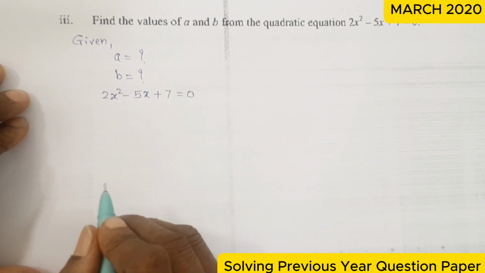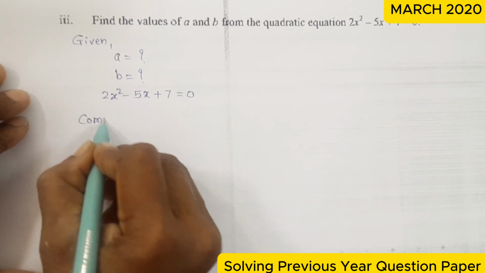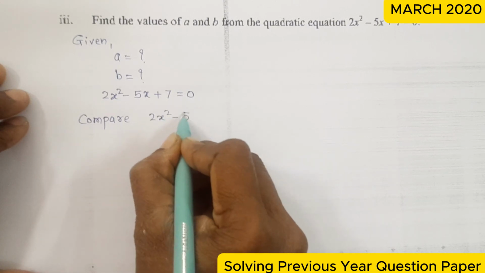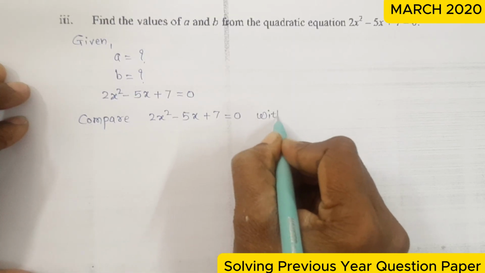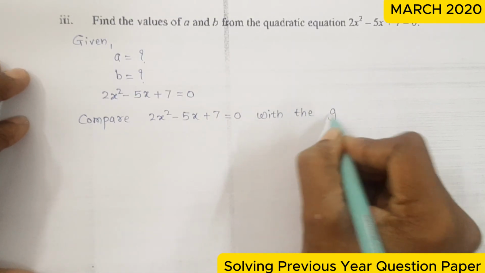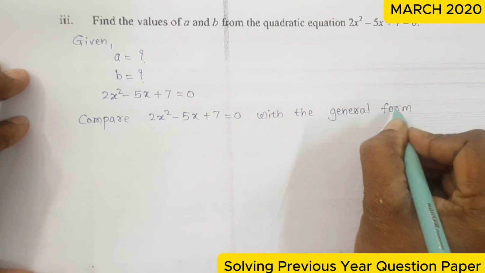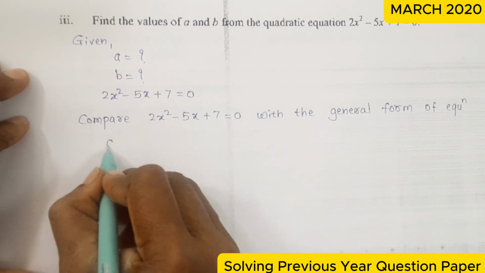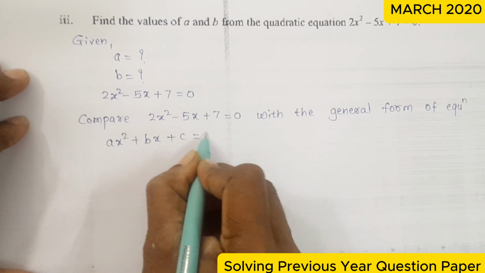So now here students, we write that compare 2x² minus 5x plus 7 is equal to 0 with the general form of equation ax² plus bx plus c is equal to 0.